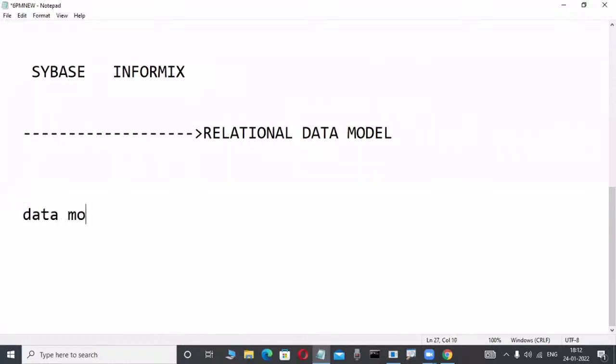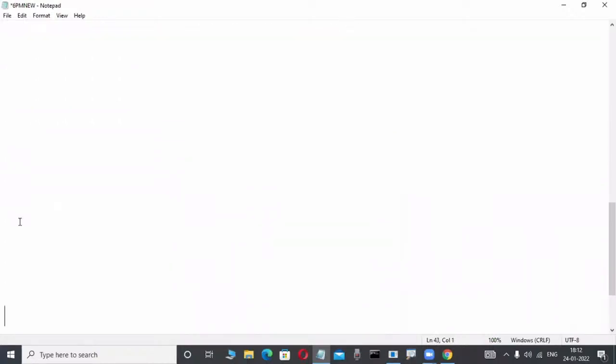What is a data model? In the previous classes I told you one thing. Suppose Oracle is a product here. This Oracle database, or any relational database, has two types of structures.